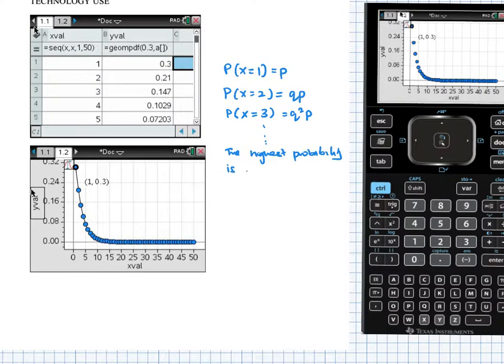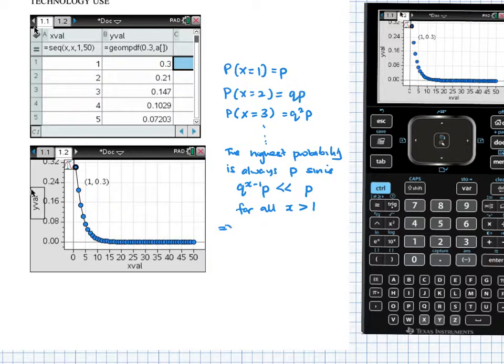Is always p, since q to the x minus 1 times p is always much smaller than p, for all x greater than 1.